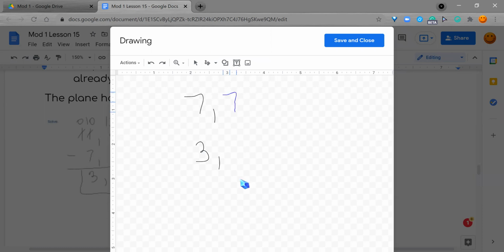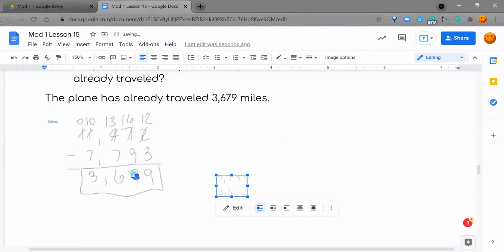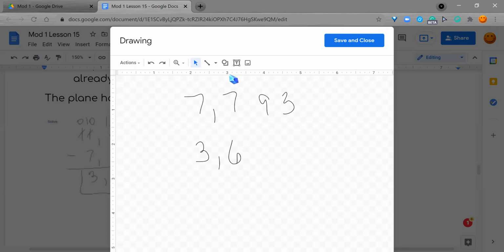So 793, and it's 600 and something. It's okay if you don't remember. 679 I need. Okay, 79. So now what I'm going to do, because I'm checking, is I need to add.